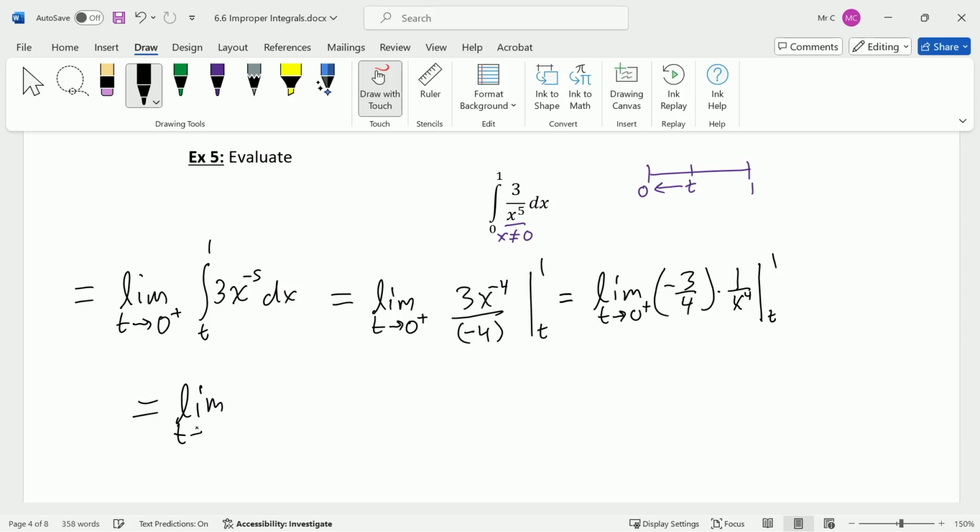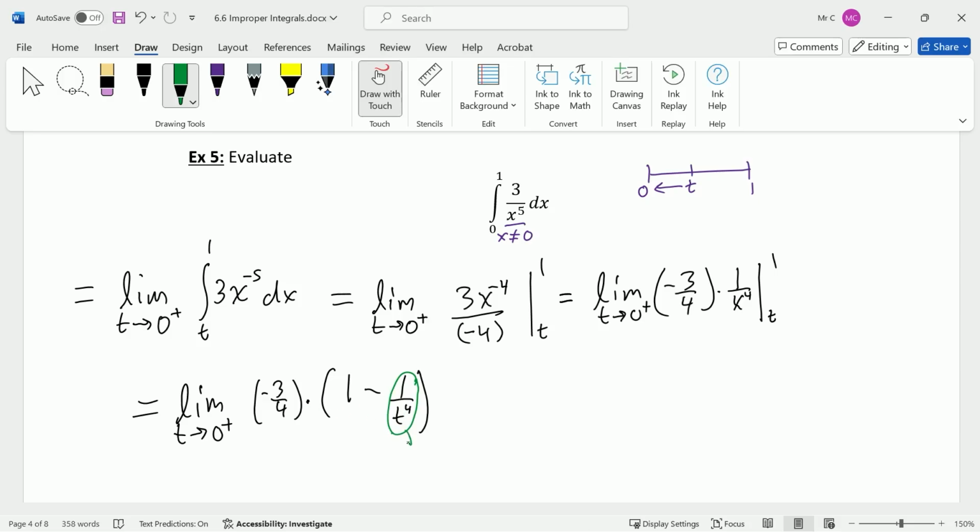That's the limit as t goes to 0 from the right of negative 3/4 times 1 over 1, which is 1, minus 1 over t to the 4th. Okay, so now when t is going to 0 from the right, we've got a fraction whose denominator is approaching 0 from positive values.